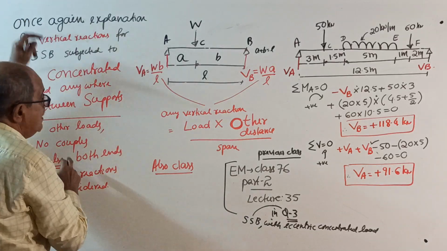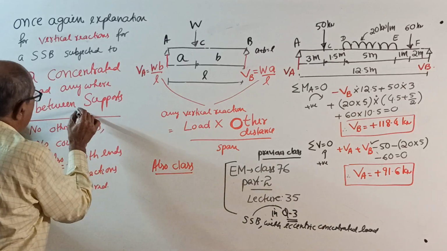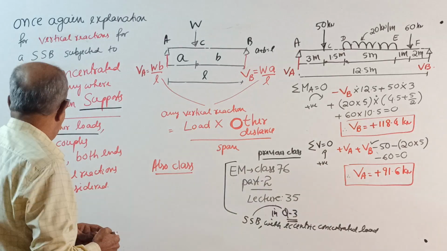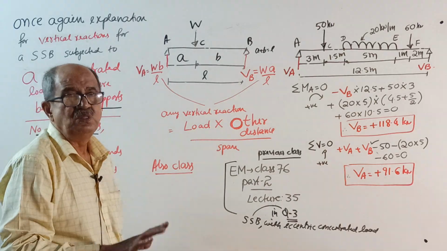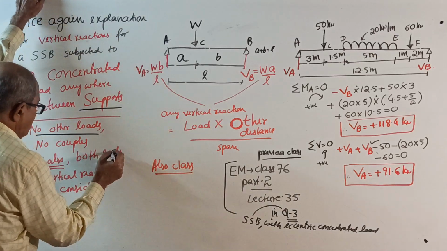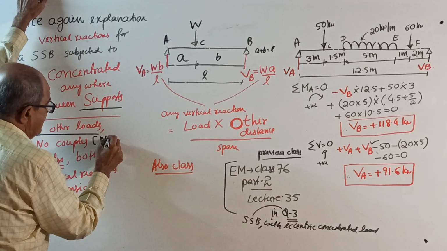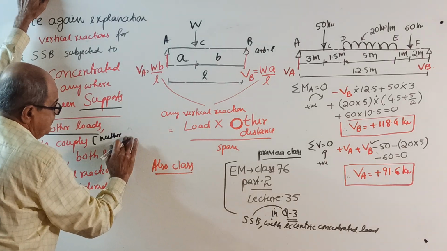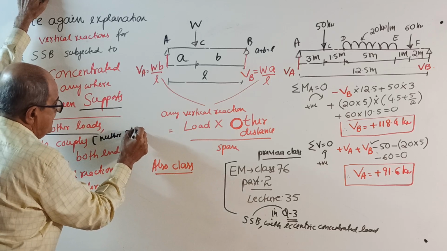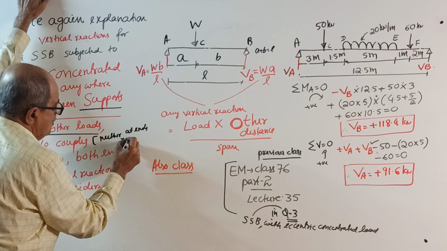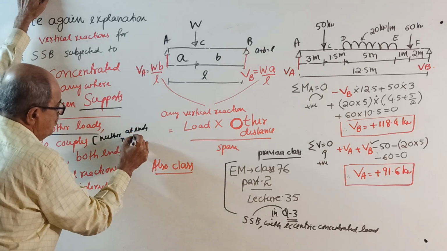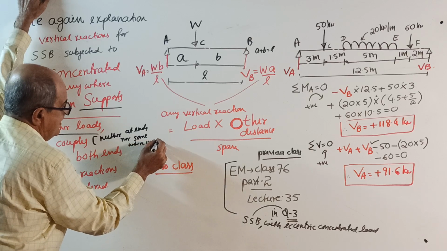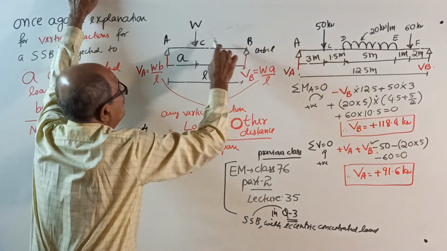Remember, it will be between supports, very important, and also no other loads and no couples, very important, neither at ends nor somewhere inside the beam. No couple here, no couple here, nothing.